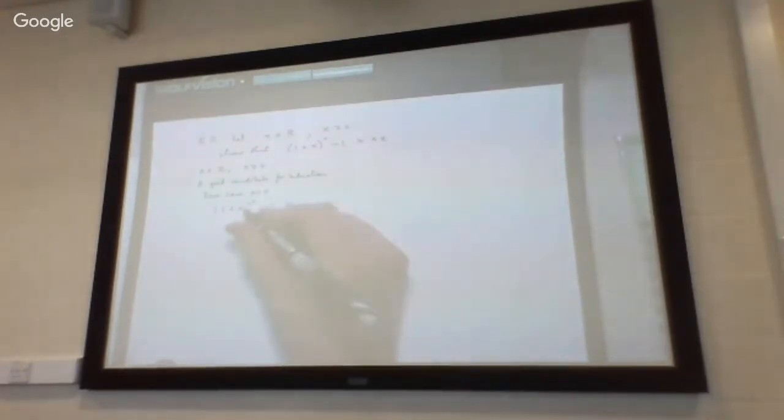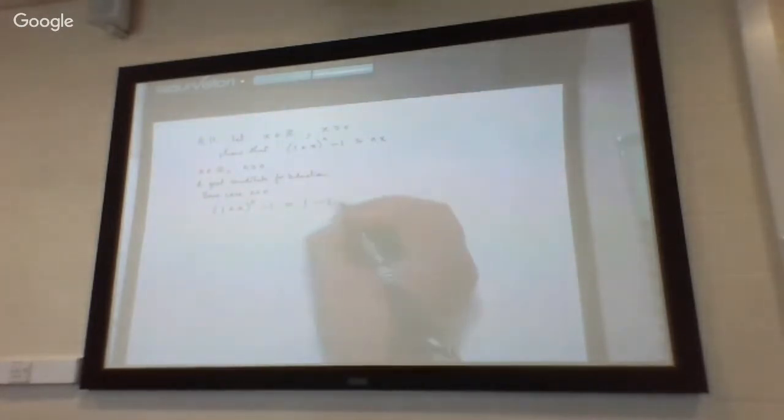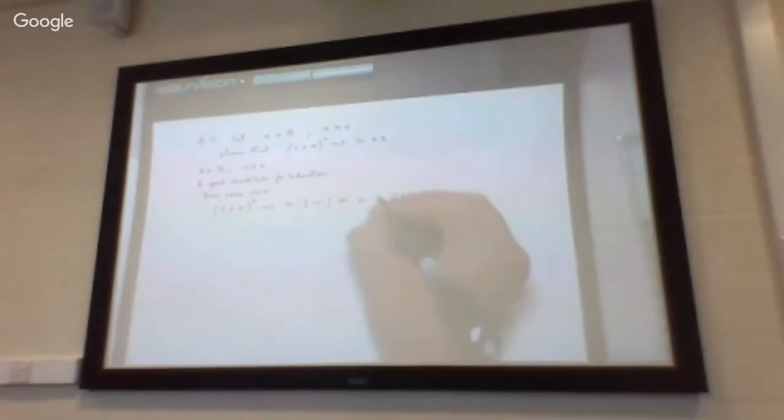Well, if x is bigger than or equal to 0, then this is certainly a non-zero real number. Raised to the power 0, by definition, is 1. Put minus 1, which equals 0. And what relationship does that have with n times x, where n is 0? 0 times x is 0. So it's actually equal to, but we'll write greater than or equal to.